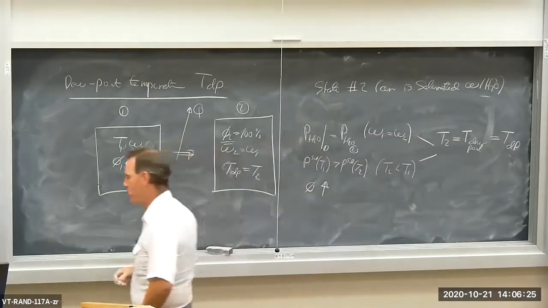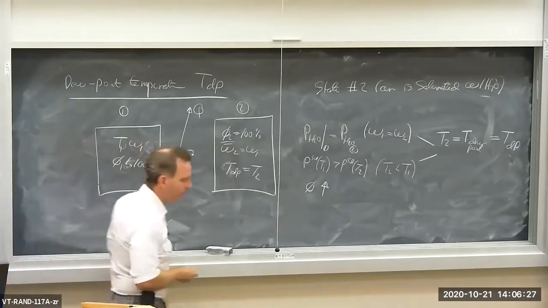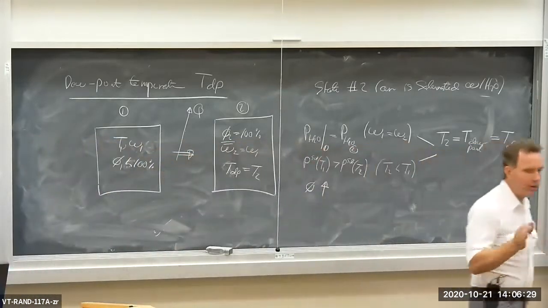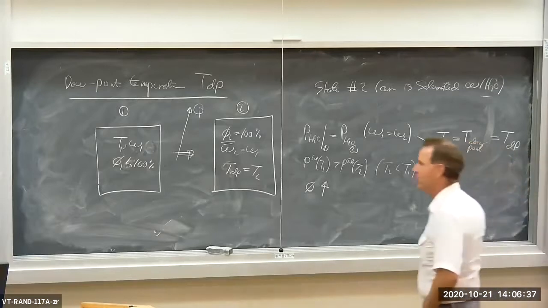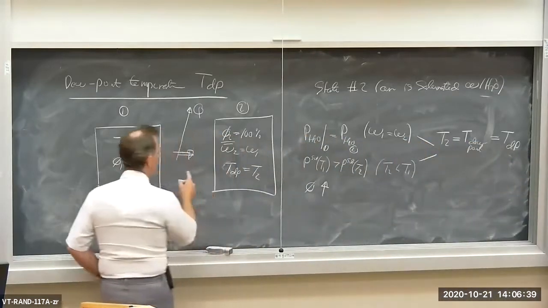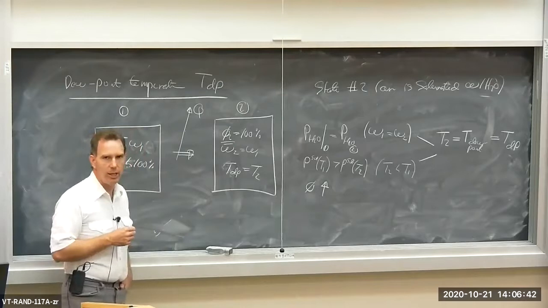So the temperature at which the moist air is saturated without changing its composition, just cooling it down, is called the dew point temperature. It's the temperature at which H2O just starts to condense into a liquid.